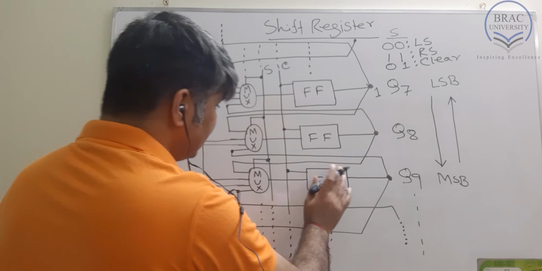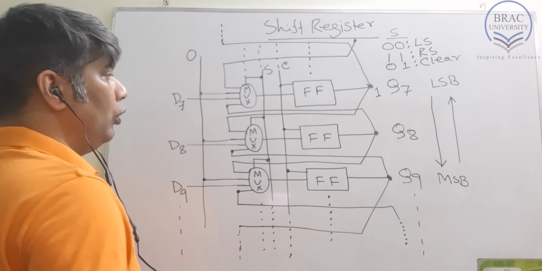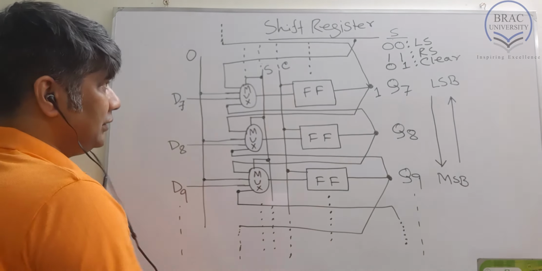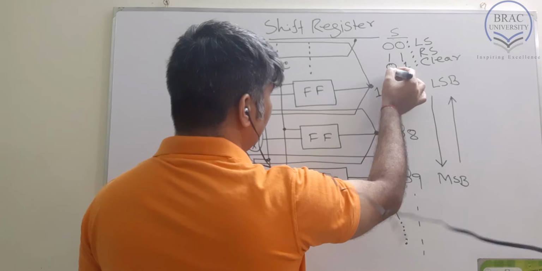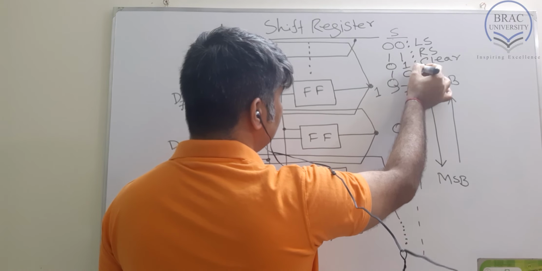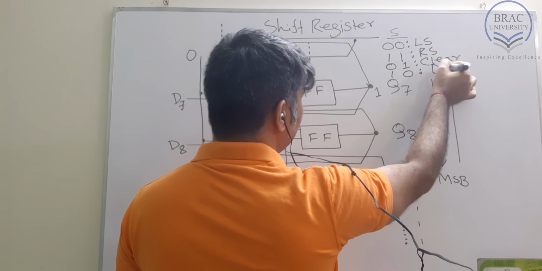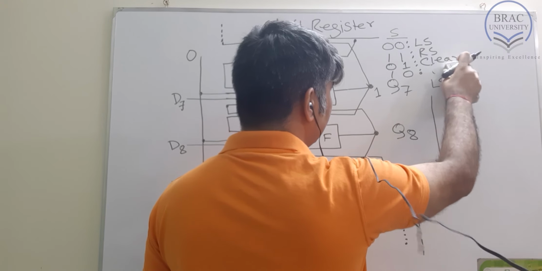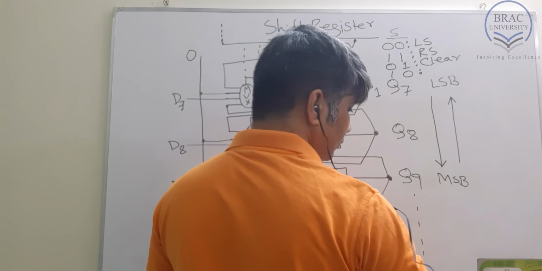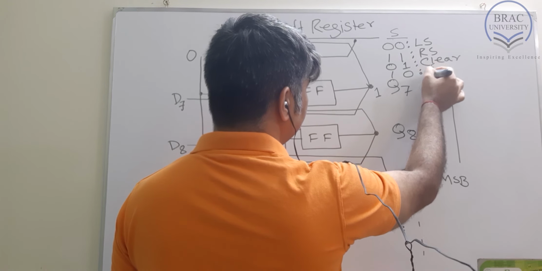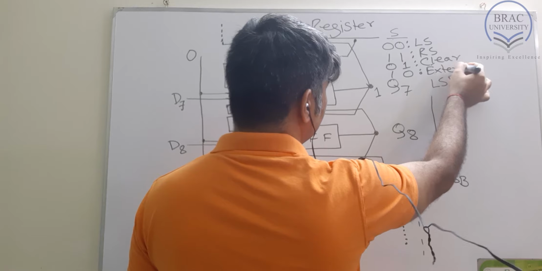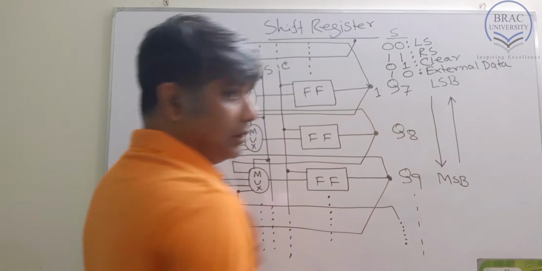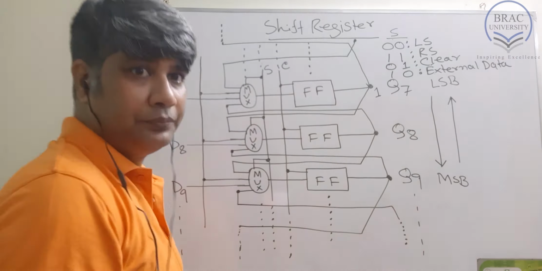So all these flip-flops will hold the binary value 0, which means the entire register will be cleared. And when we have 10, then we'll have external data. This is how this one works.